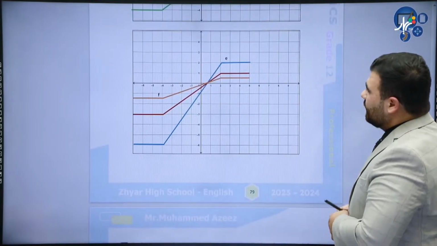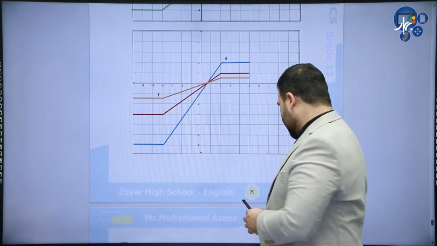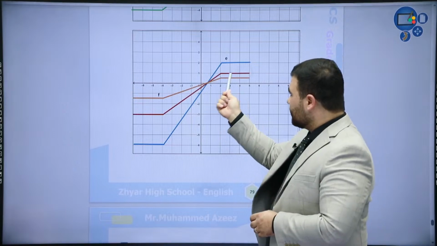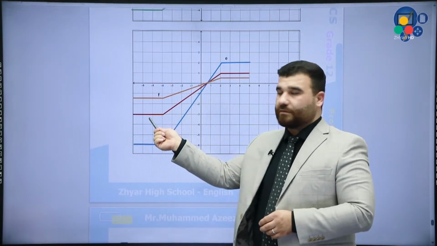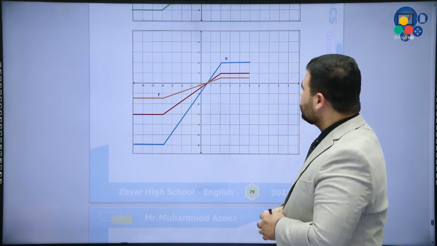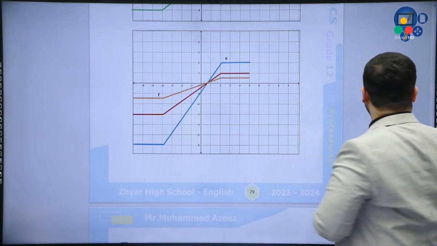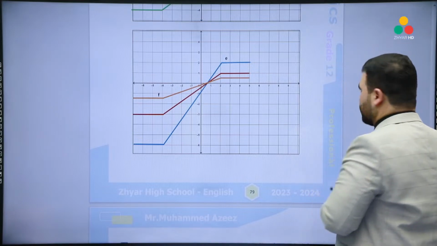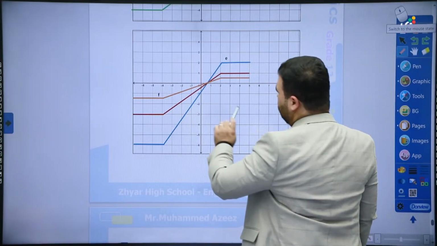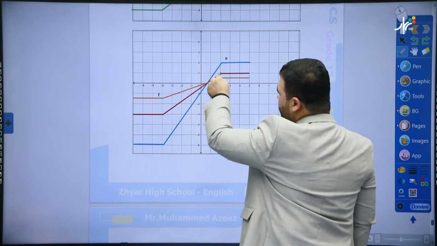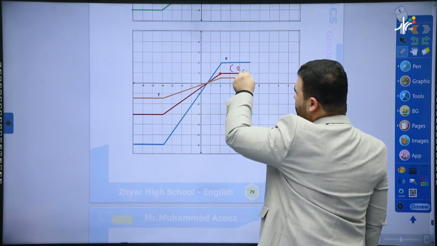Here, part E, we had the point. This red graph is the default one. It's the graph of f. Look at this. This red is the graph of function f. Then this point is (2, 1).